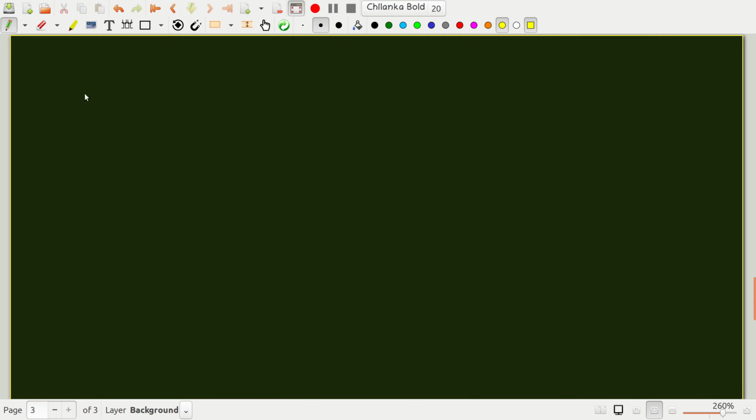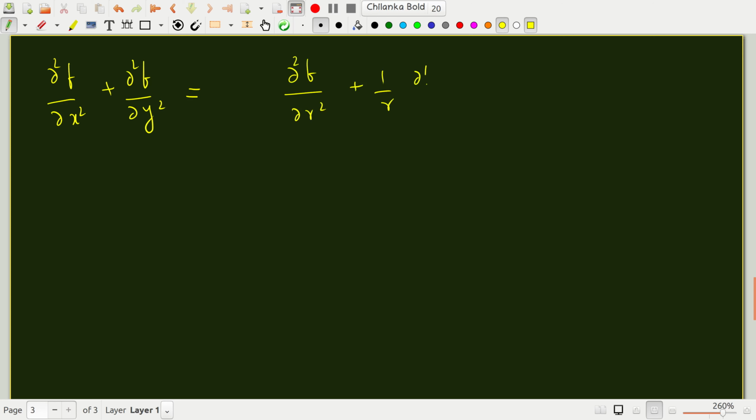This is just based on what we learnt in terms of total differential of a partial derivative. What is this? This is nothing but partial squared f by partial r squared plus 1 by r partial f partial r plus 1 by r squared partial squared f partial theta squared. Okay, this is the Laplacian in polar coordinates.